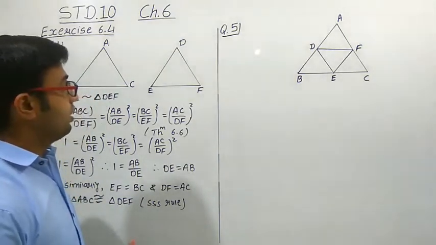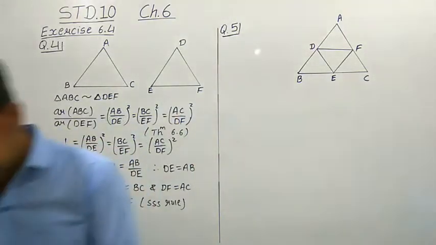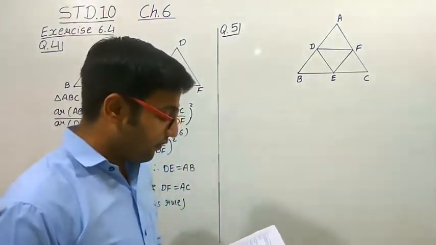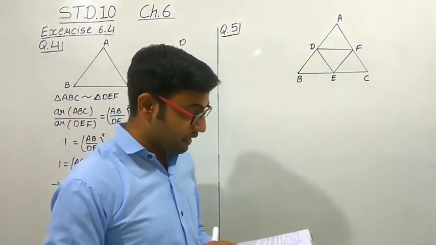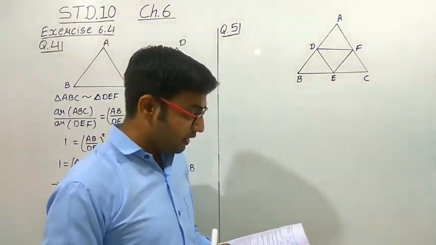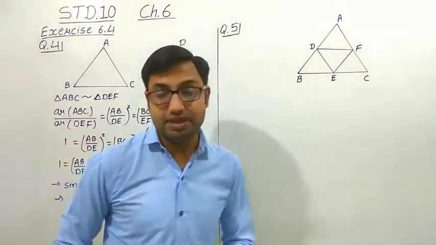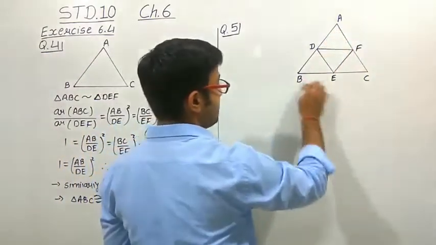Right? Now let us study question number 5. The question is, D, E, F are respectively the midpoints of sides AB, BC and CA of triangle ABC. Find the ratio of the areas of triangle DEF and triangle ABC. Here we have triangle ABC.